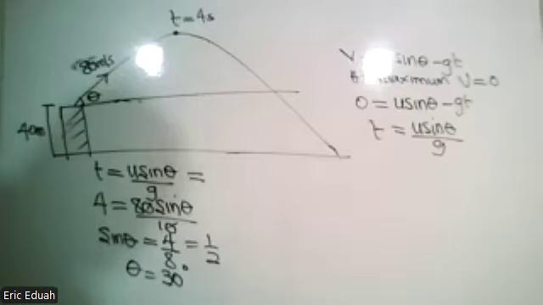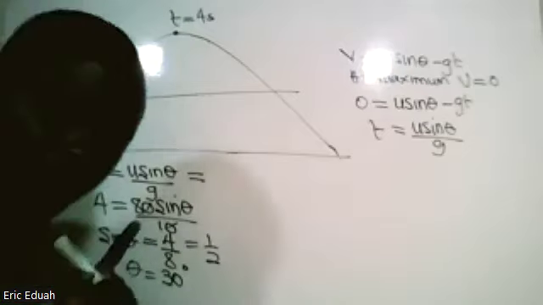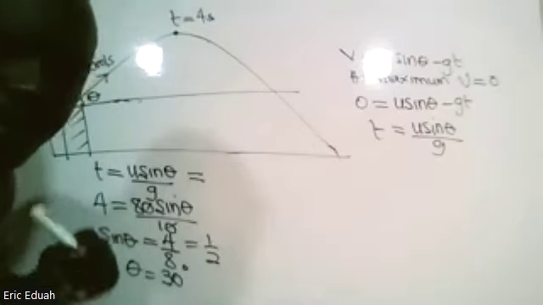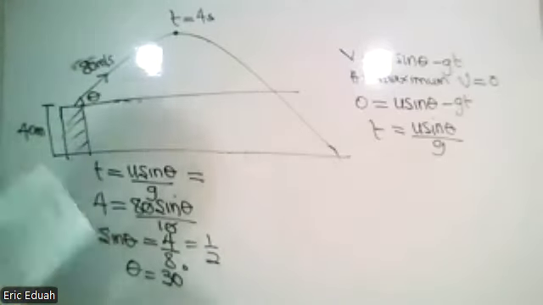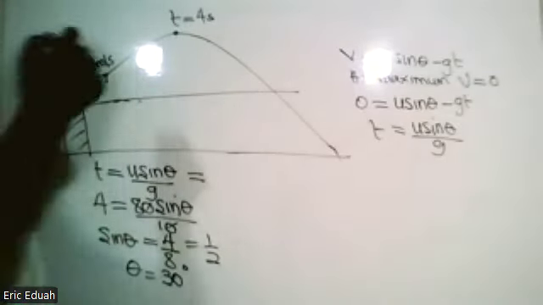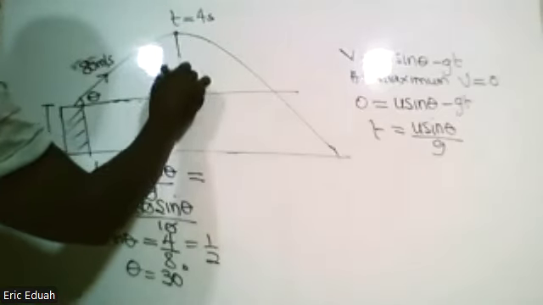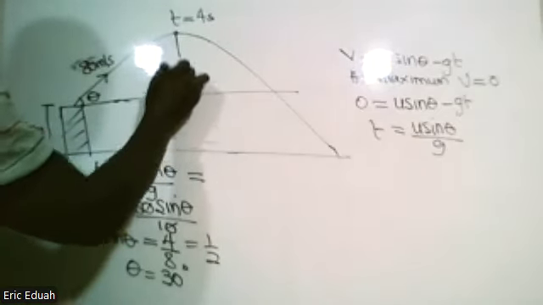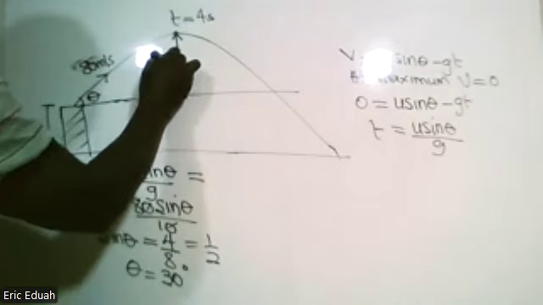What is the maximum height reached from the ground? Listen, maximum height reached from the point where the projectile is thrown, this is the maximum height, H max.